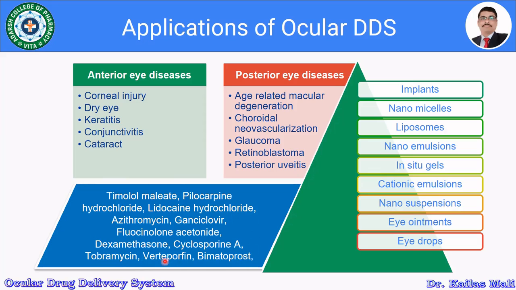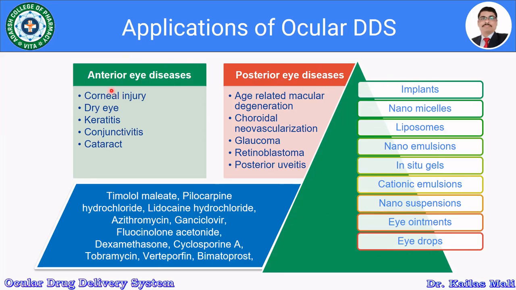These drugs are formulated as eye drops, eye ointments, nano suspensions, cationic emulsions, in situ gels, nano emulsions, liposomes, nanomicelles, or implants, along with inserts. So these are a few ocular drug delivery systems which are widely used to treat anterior eye segment diseases as well as posterior eye segment diseases.